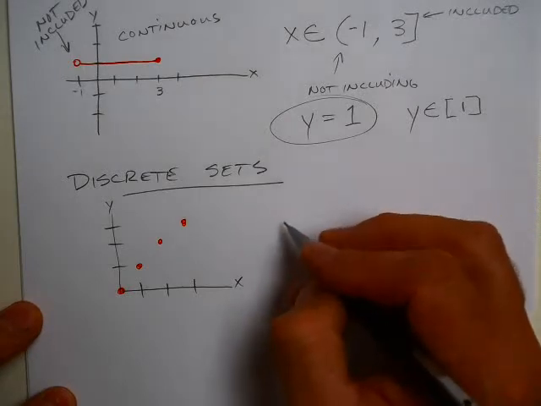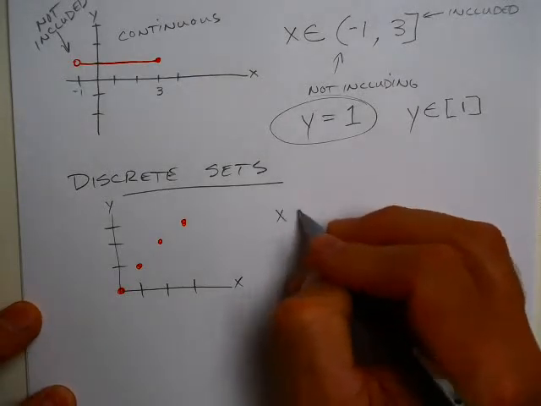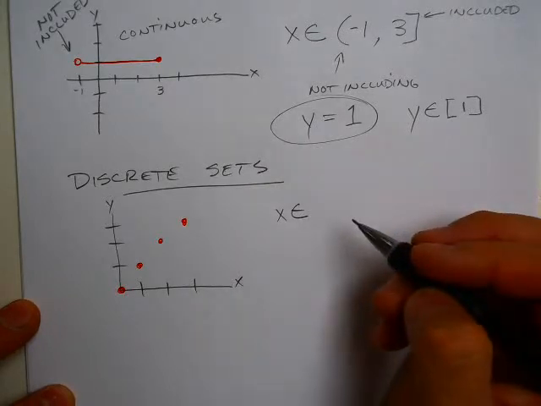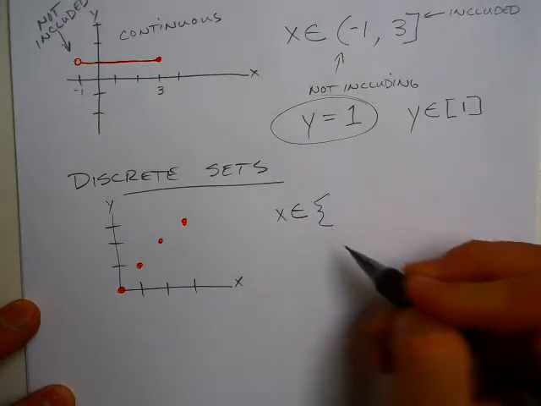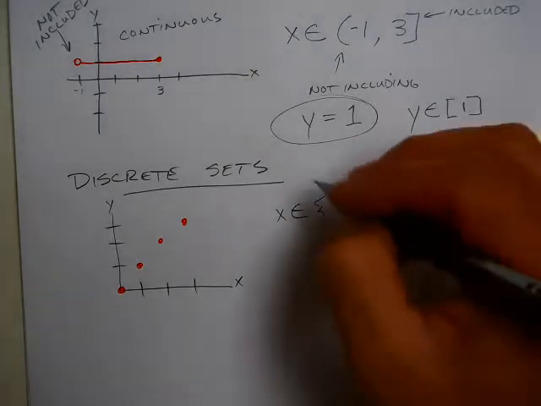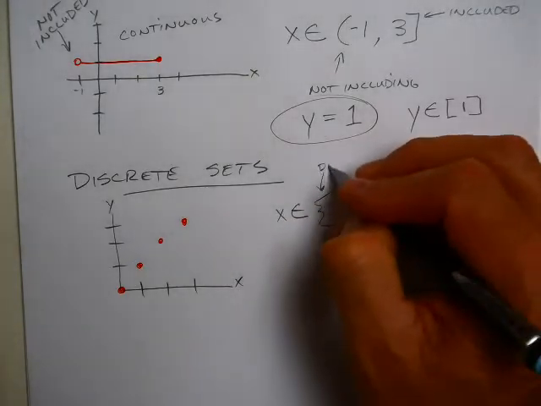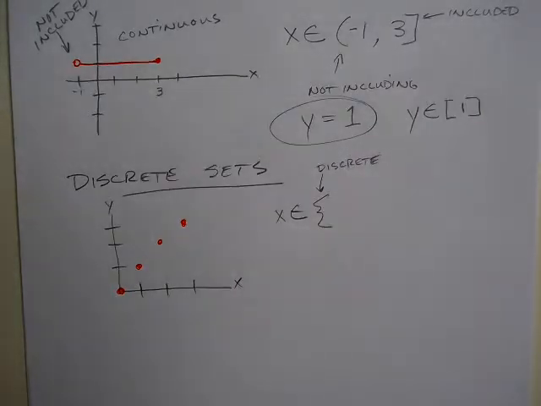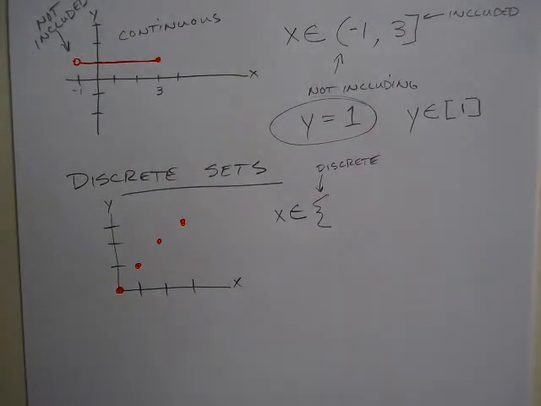So for this we would say x is an element, and we use braces to define discrete. And we have to list all of the x values.